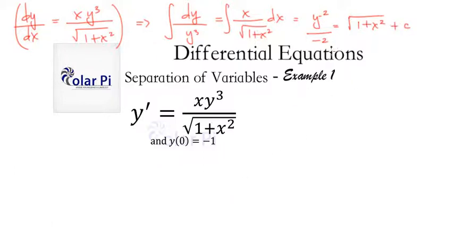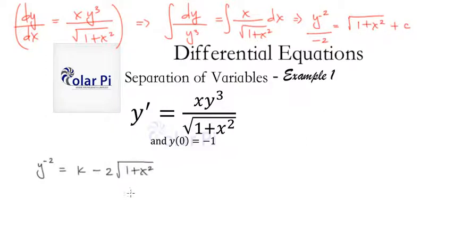Now we're going to multiply both sides of this equation by negative 2, and rewrite negative 2 times c as k. Doing that, we can write y to the negative 2 power is equal to k minus 2 times root 1 plus x squared, right?